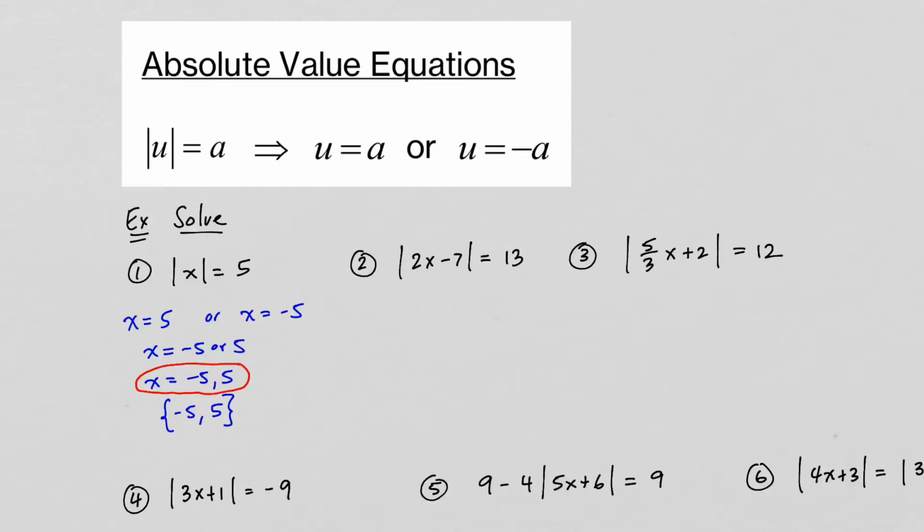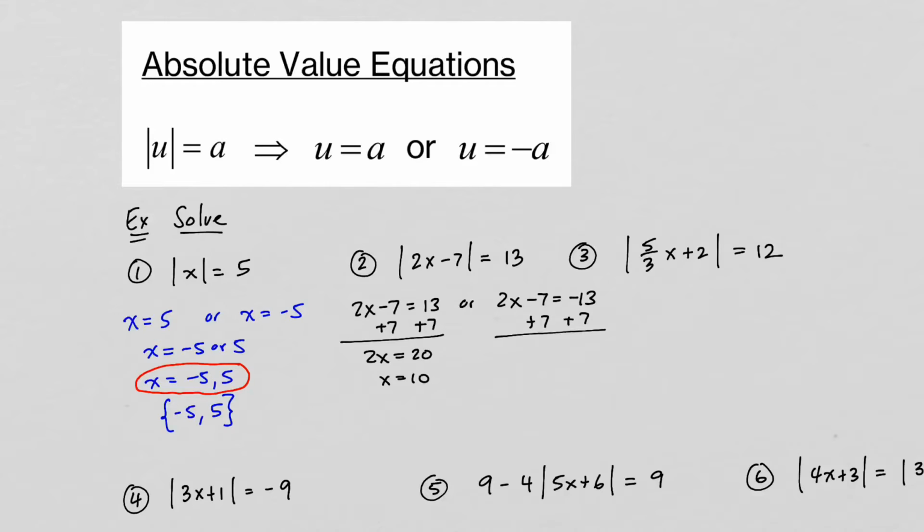So that means to solve this equation, we need to set 2x minus 7 equal to 13, or 2x minus 7 equal to -13. And then all we need to do is solve these equations separately. Each of these is a relatively simple linear equation.